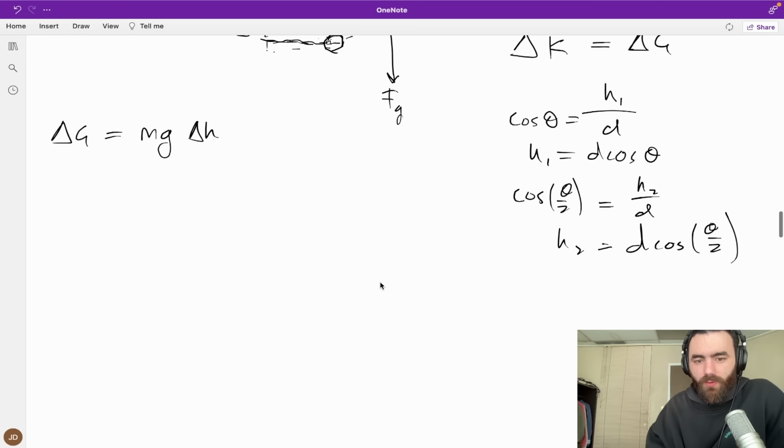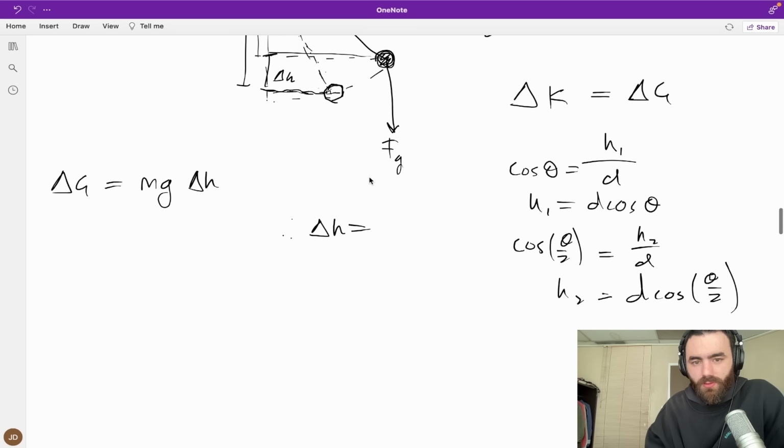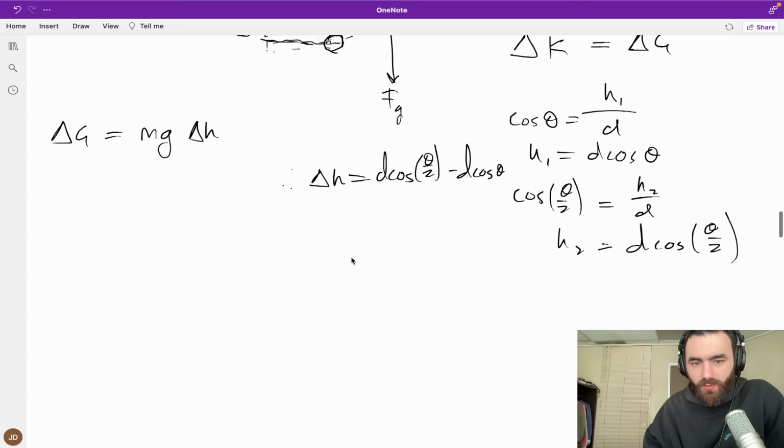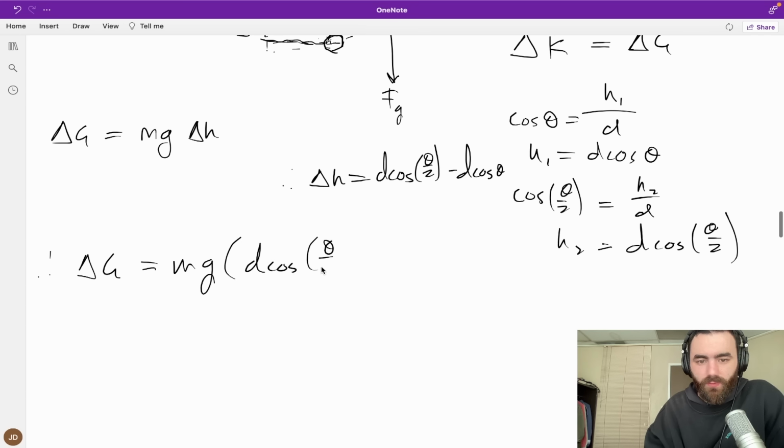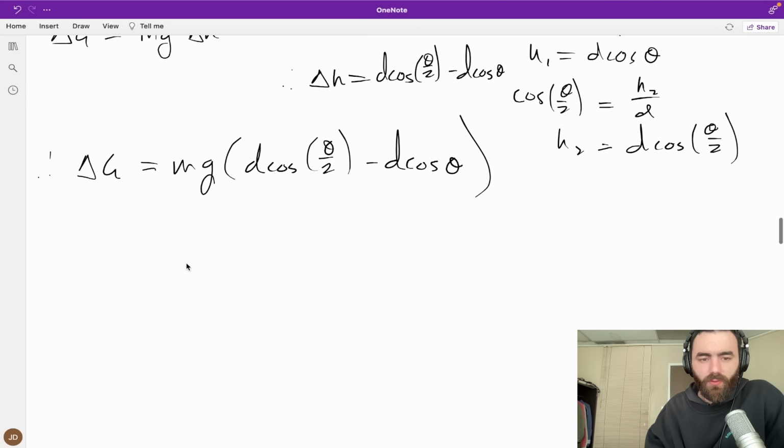Okay, so therefore our change in height here will be H2 minus H1. That's going to be D cos of theta over 2 minus D cos theta. Right, so therefore the change in gravitational potential energy is mg times D cos theta over 2 minus D cos theta.